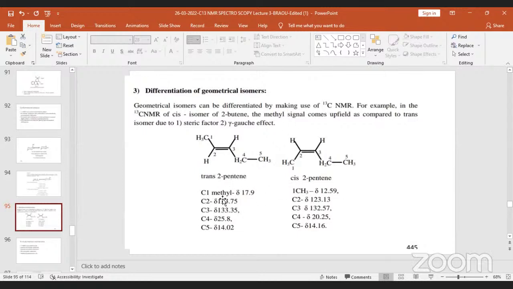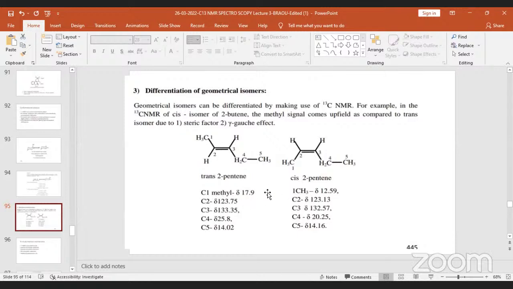Here you see C1 methyl 17.9, because steric compression will be there, an upfield shift, because of the closer proximity of this carbon and this carbon, a slight upfield shift will be observed for this CH3, though it is attached to the double bond. Here it is away from this CH2, therefore trans position.